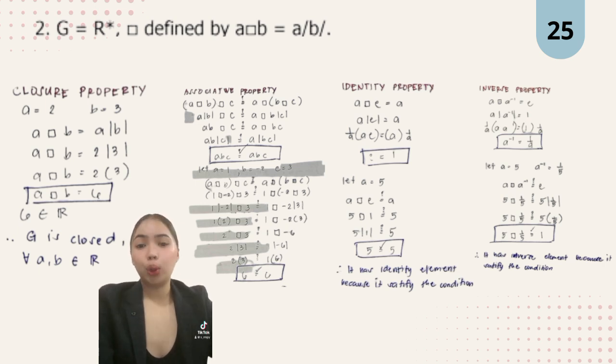So we can conclude that the number 2 is a group because it satisfies the 4 properties.